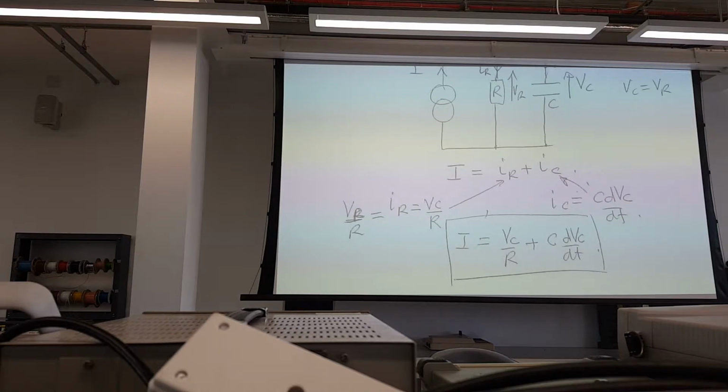So we're going to Laplace transform this equation first. If you Laplace transform that equation, you get I of S equals VC of S over R plus C times minus VC at time t equals 0 plus S VC of S, like that.